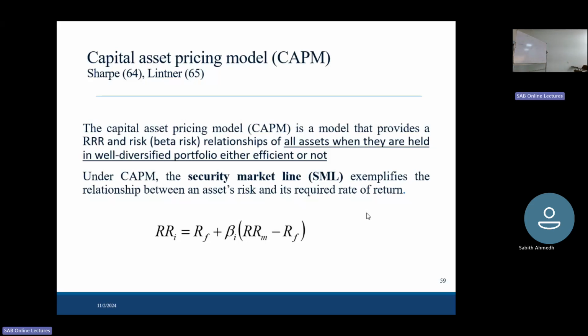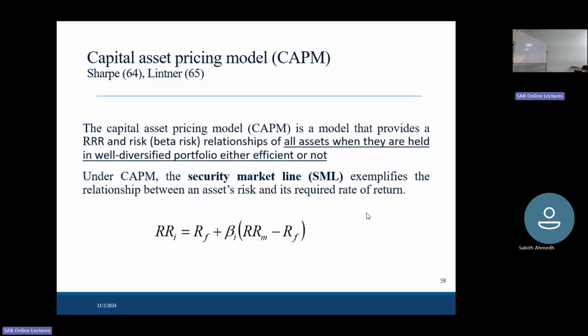So with CAPM you come up with a new variable, the beta coefficient, which captures systematic risk. The model gives the relationship between required rate of return and beta risk for all assets when they are held in a well diversified portfolio, either efficient or not.